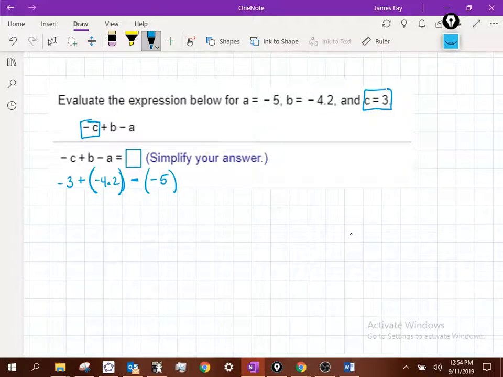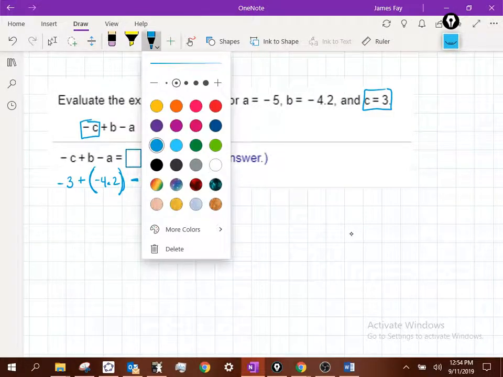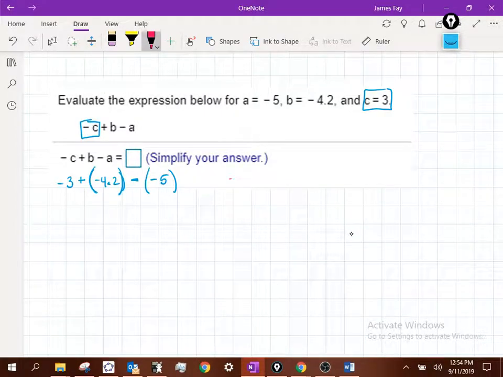If you don't do that, you would have negative 3 plus minus 4.2 minus 5. And if I say things like plus minus or minus minus, that gets confusing to people. But if I say I'm adding negative 4.2, or the opposite of 4.2, and I'm subtracting negative 5, with the parentheses, that's more apparent to what we're doing, okay?